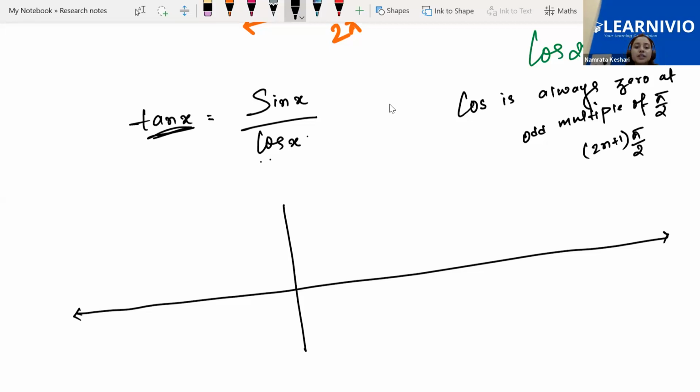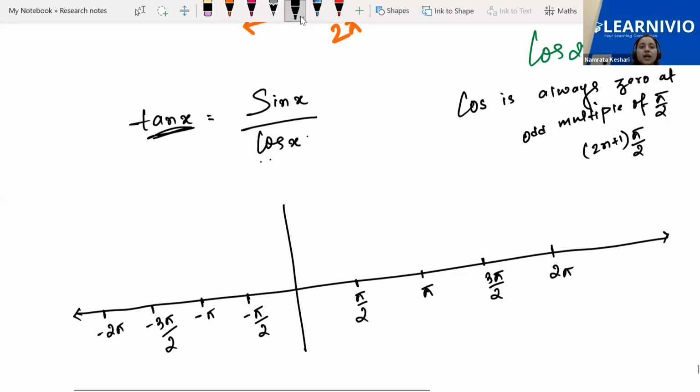If you locate pi by 2, pi, 3 pi by 2, 2 pi, and similarly on the other side minus pi by 2, minus pi, minus 3 pi by 2 and minus 2 pi, tan will start rejecting the values at odd multiples of pi by 2.